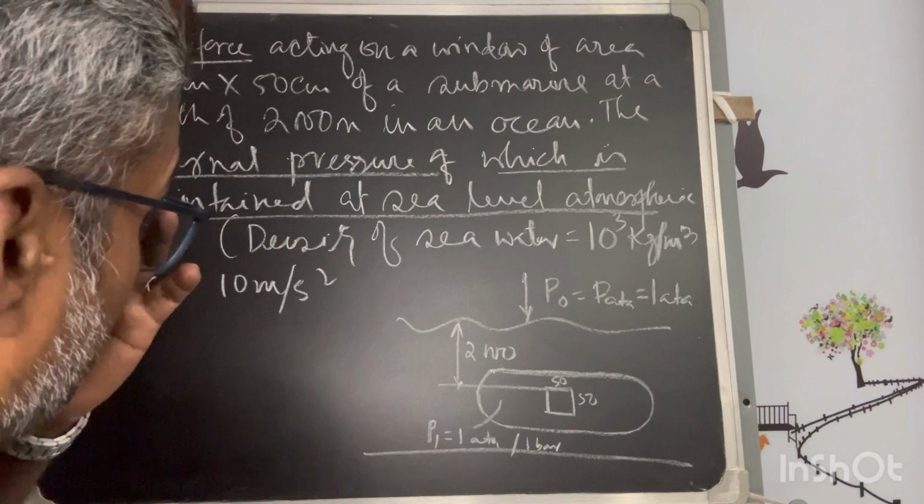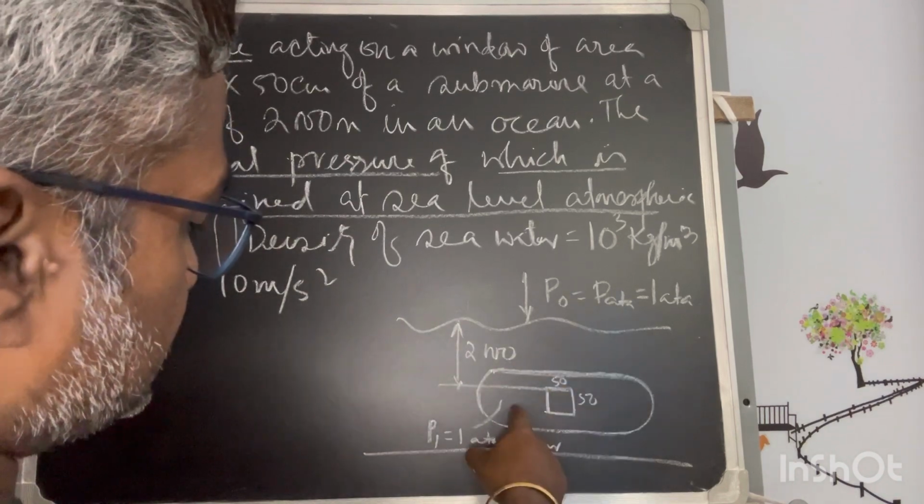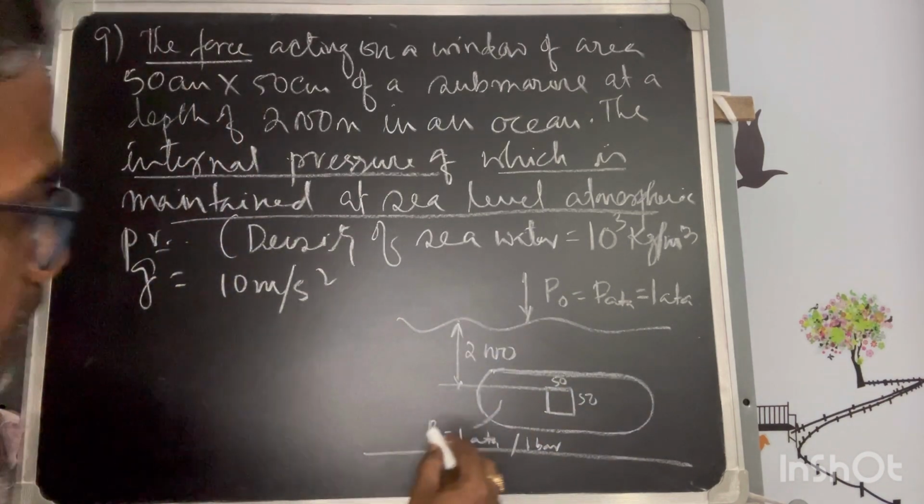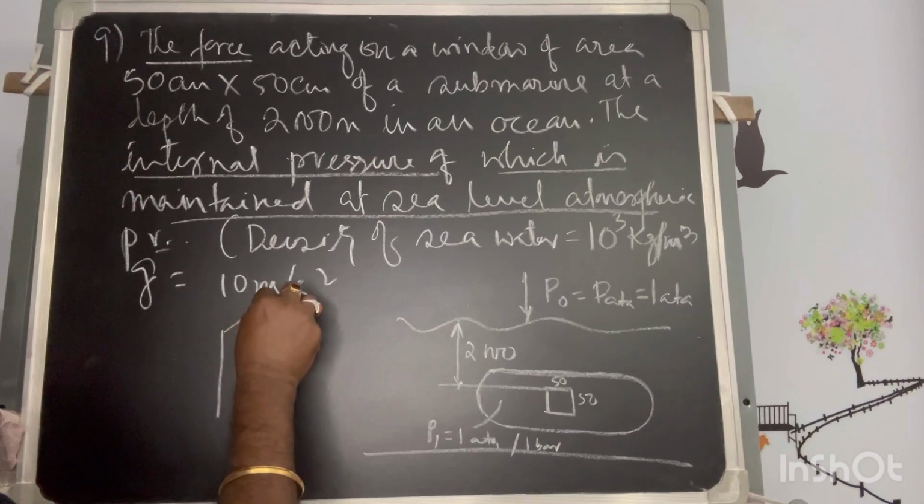So there is pressure P atmospheric, inside also P atmospheric, and then the window, if I take, this is a cross section of the window.